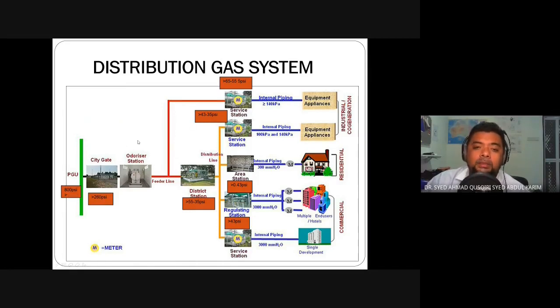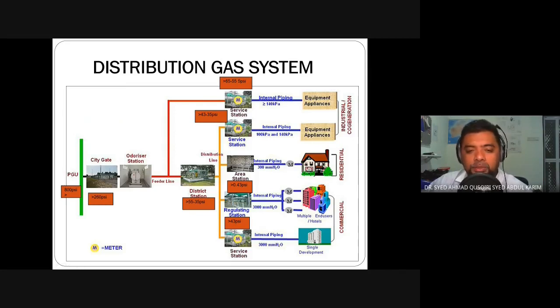For other customers who don't use as much gas, the natural gas will be sent to the district station at 55 to 35 psi. So quite low. The power hungry ones are 65 to 55, so a bit higher. But at the city gate and PGU, the pressure is a lot higher.